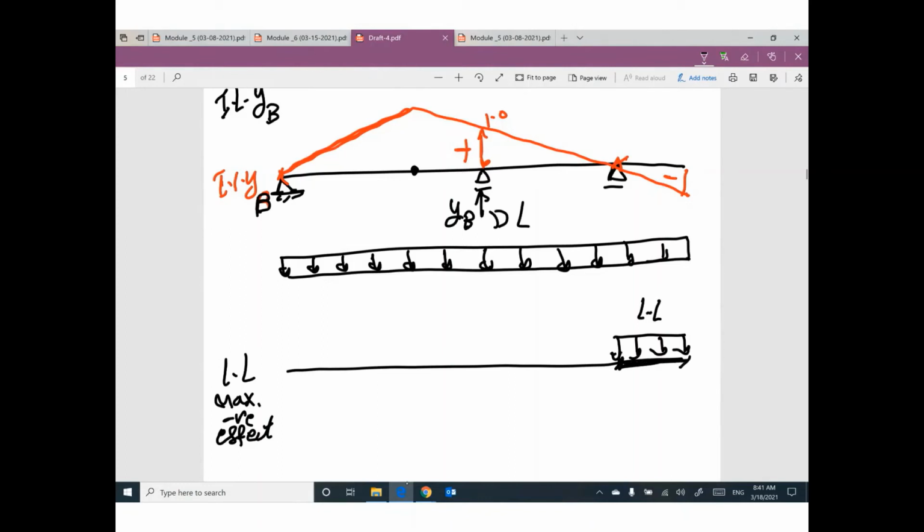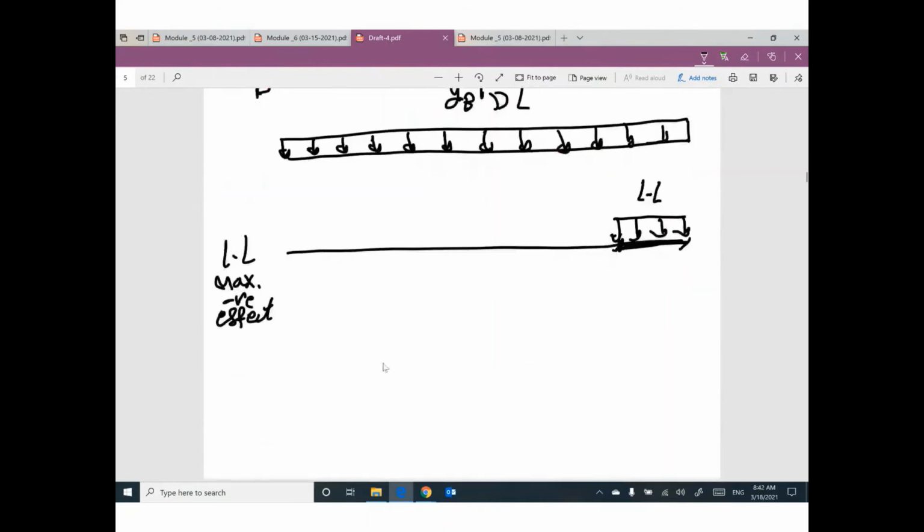And the remaining part of the bridge is empty, then we are in the worst case to give the maximum negative effect. Okay, can you tell me what is the worst case for these people to give you maximum positive effect?